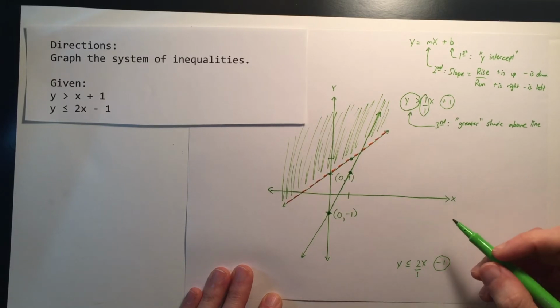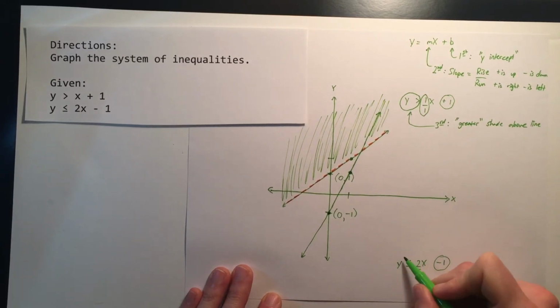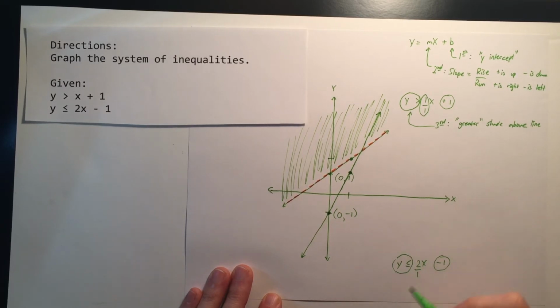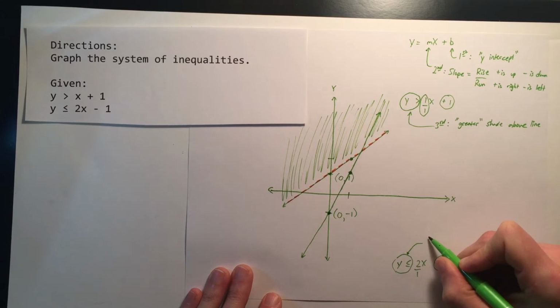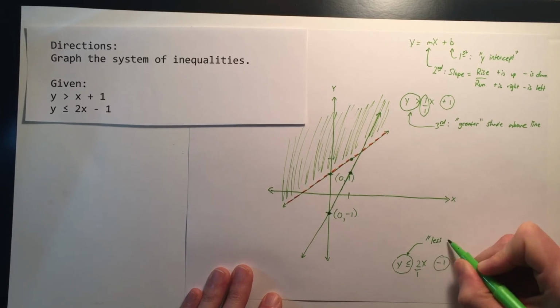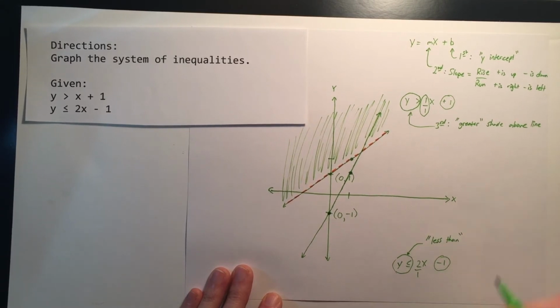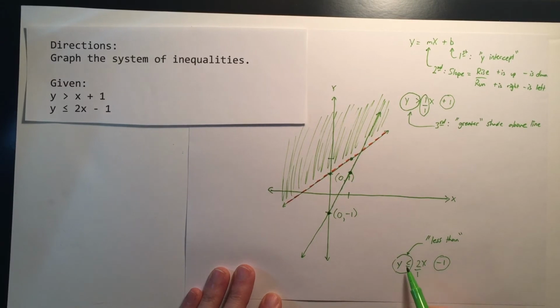Okay, and so now let's read this one. This says y is less than, which means shade not above this time, shade below.